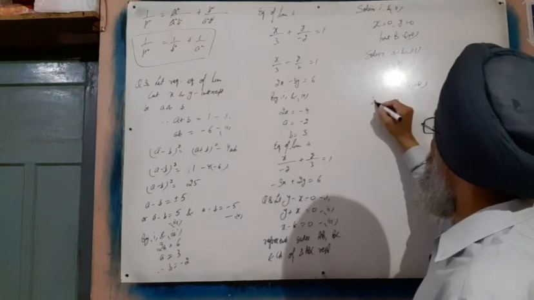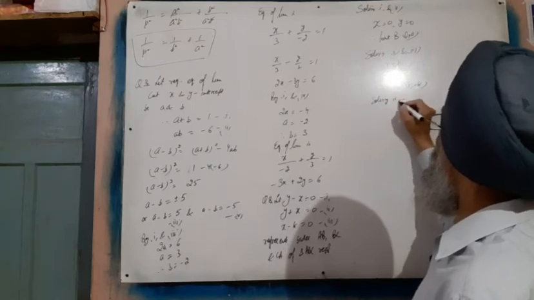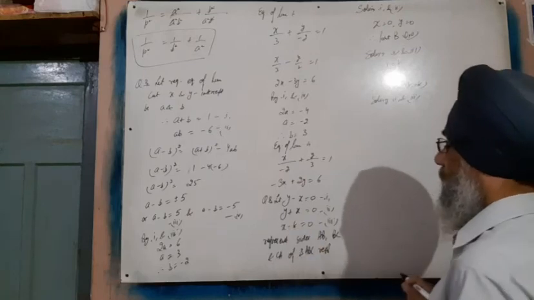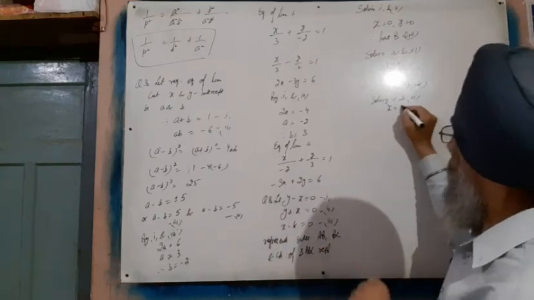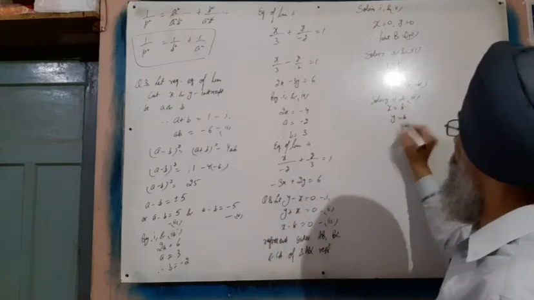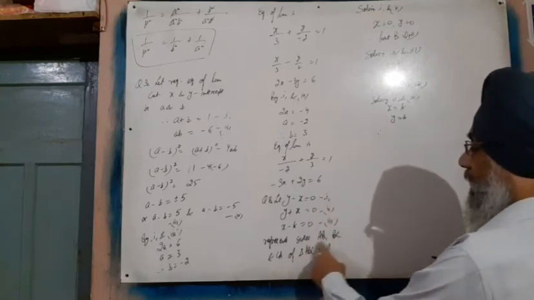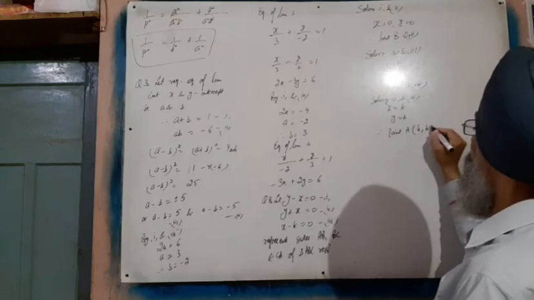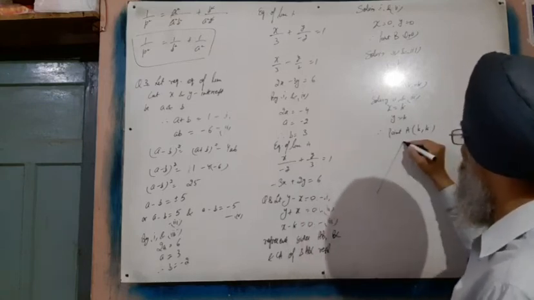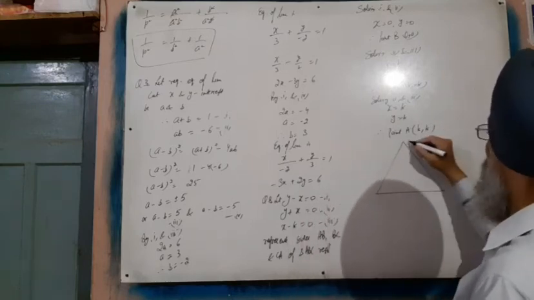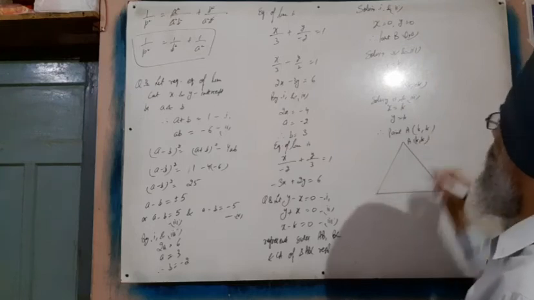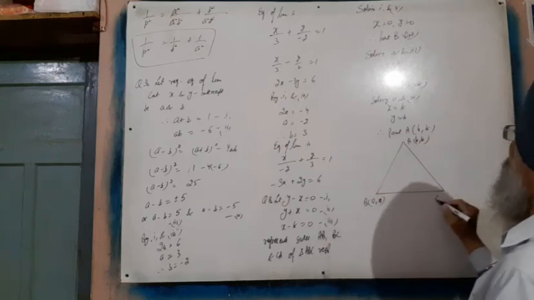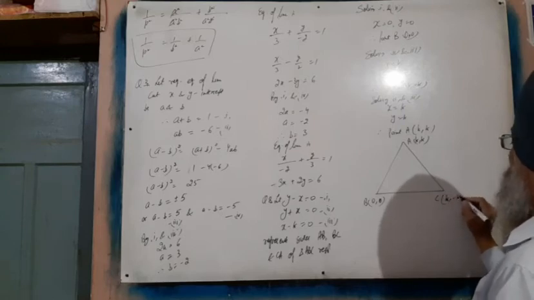Now solving first and third, y minus x is 0 and x is k, so y is equal to k. The common point of AB and CA is point A, therefore point A is k, k. So that's the triangle with point A coordinates k, k, point B coordinates 0, 0, point C coordinates k, minus k.